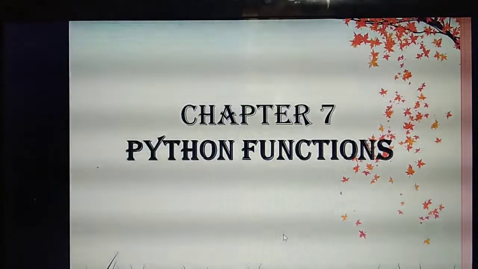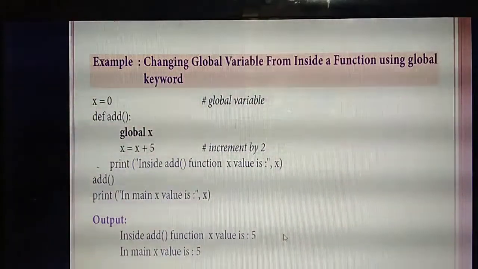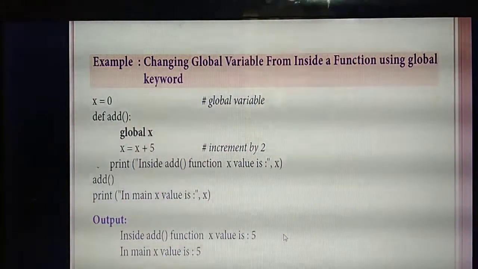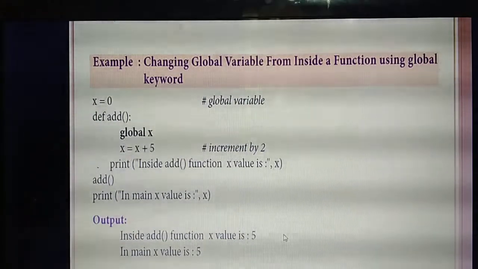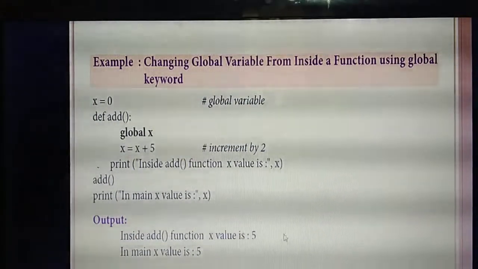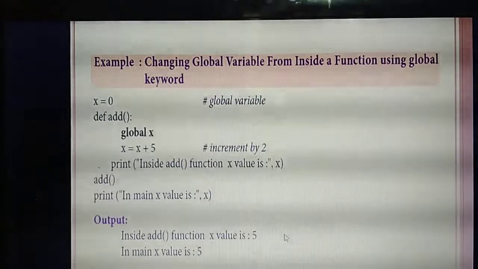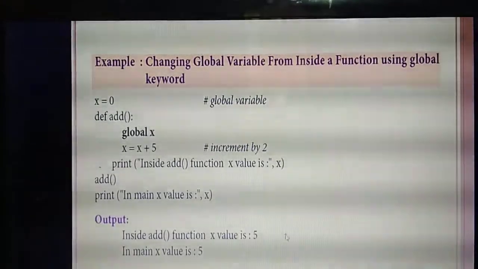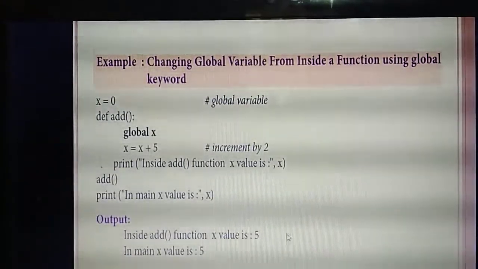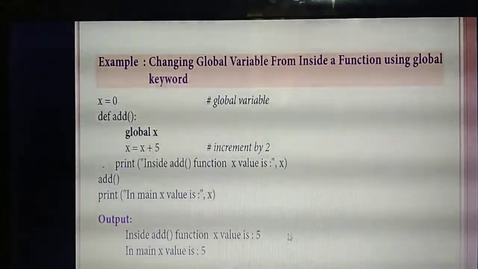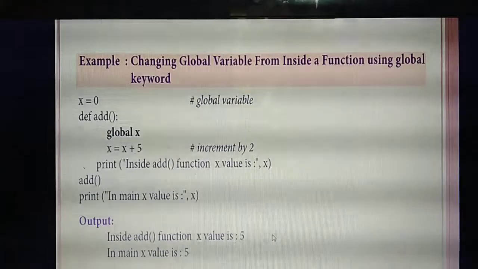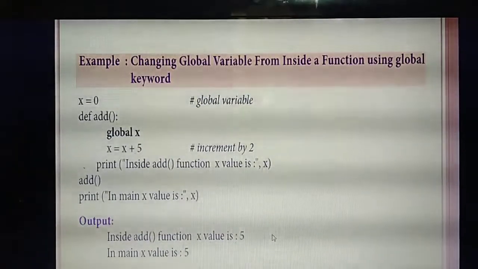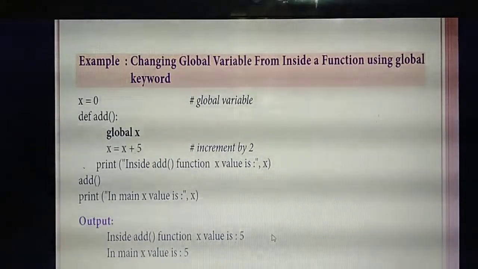Last class I taught this global scope, modifying variable. I taught it at the last moment, so once again I am explaining the same program. Listen. What do you mean by global scope? Global scope means once you have declared the variable outside the function, you can access it in each and every part of the program.